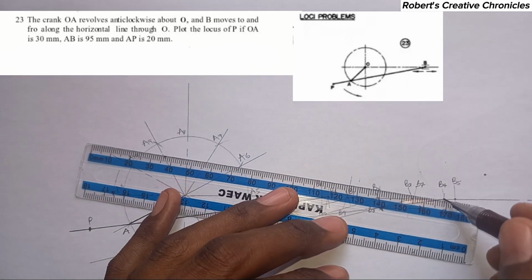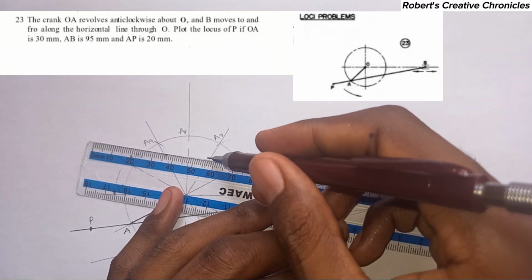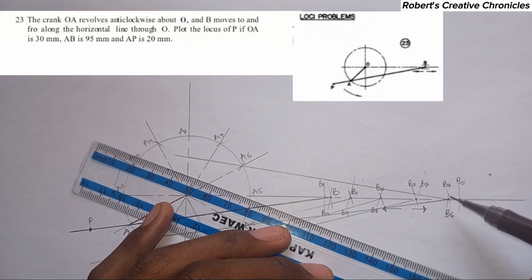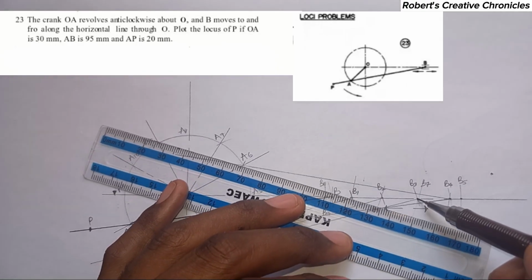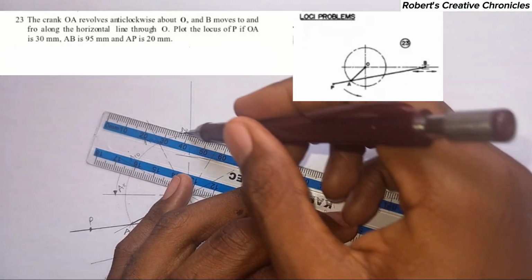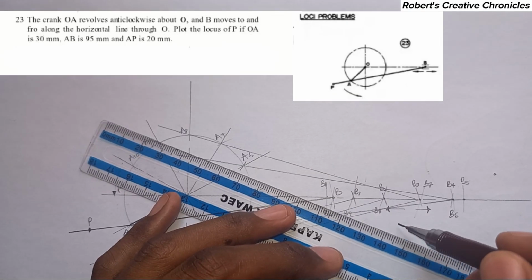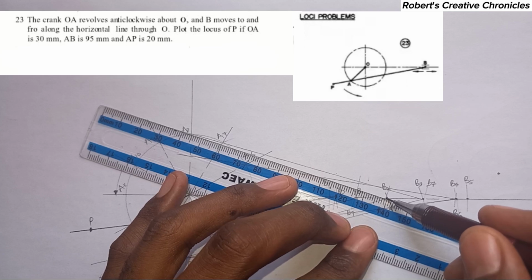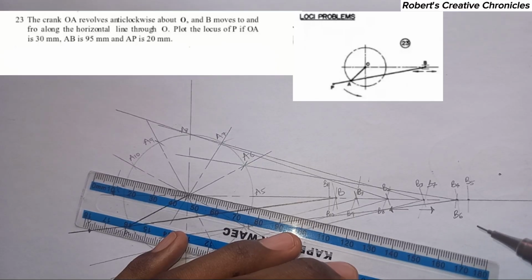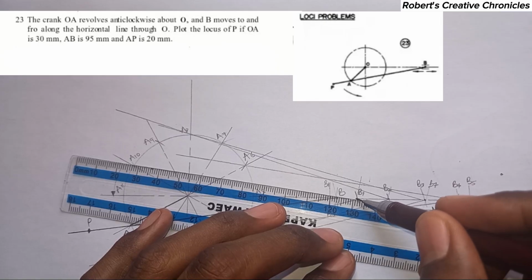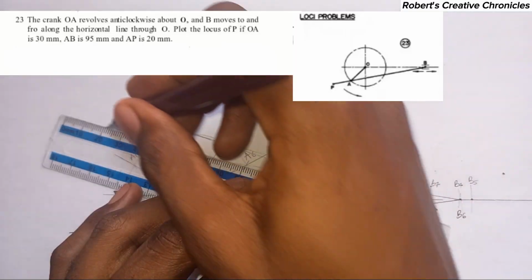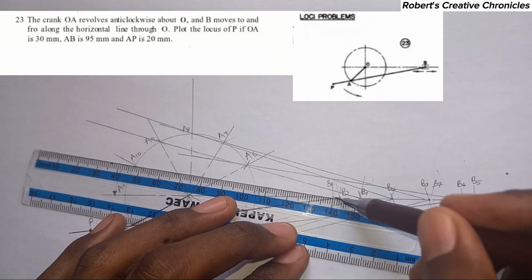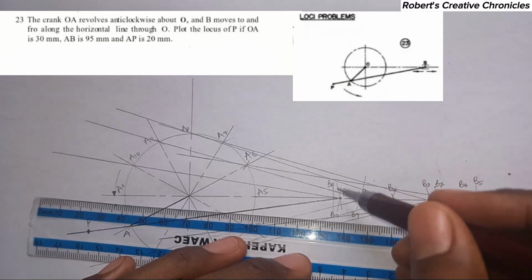So now B6, B7, then B8, then B9, then B10, then B11, this here.